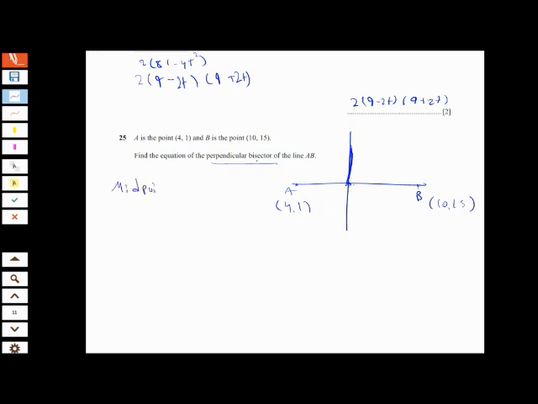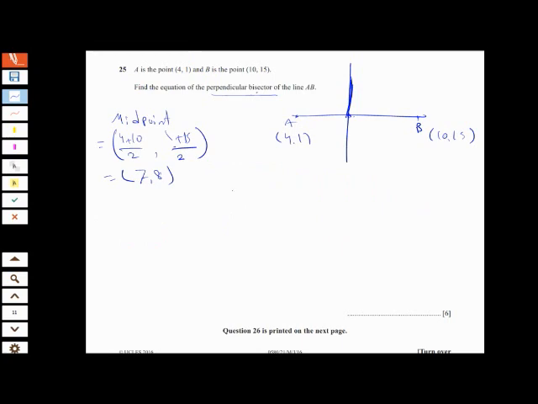So let's find the midpoint of line AB. Four plus 10 over 2, and 1 plus 15 over 2. That would give you (7, 8). That's the midpoint.